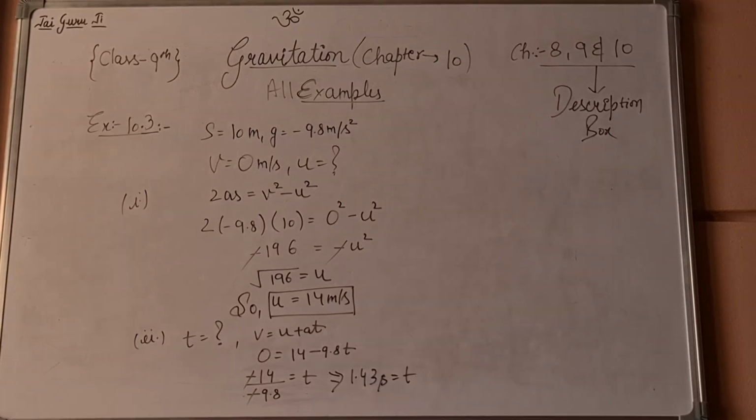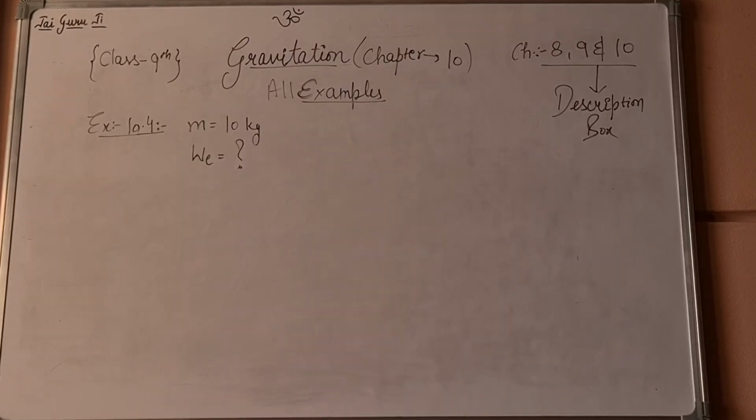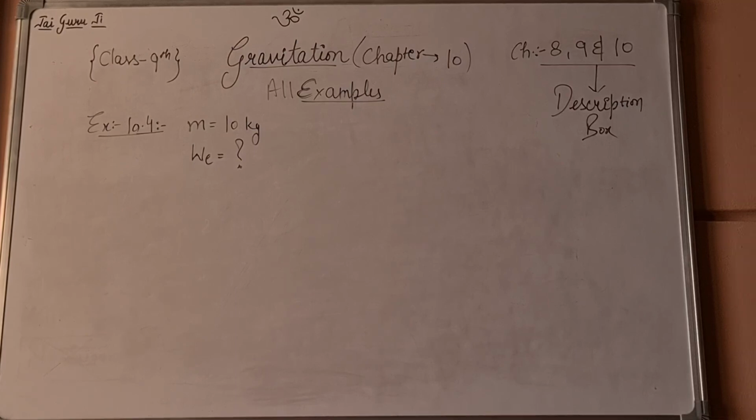Now example number 10.4. Mass of an object is 10 kg. So m is equal to 10 kg. What is its weight on the earth? So w is the question mark here. So we know that w is the weight of the object on earth. So it is equal to the mass into acceleration due to gravity, that is g.